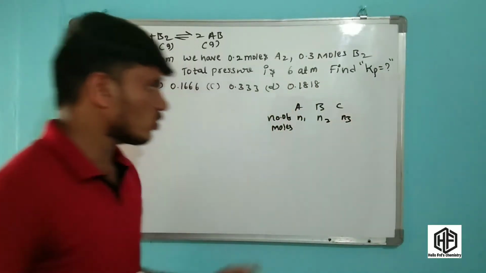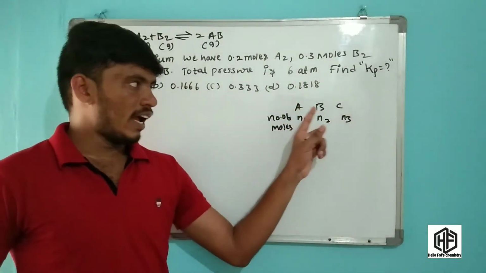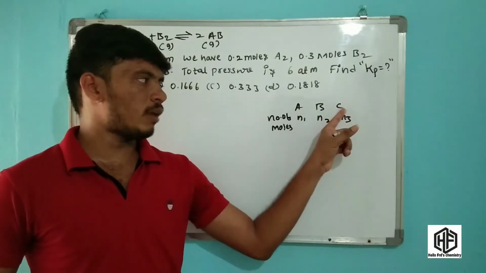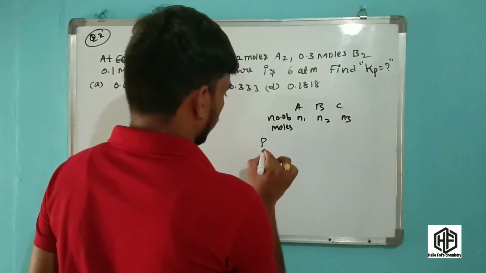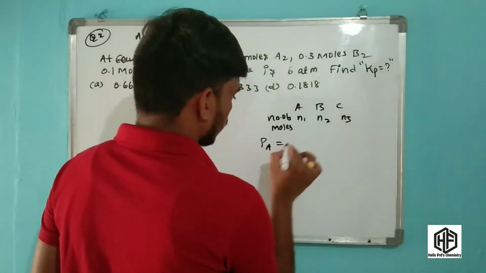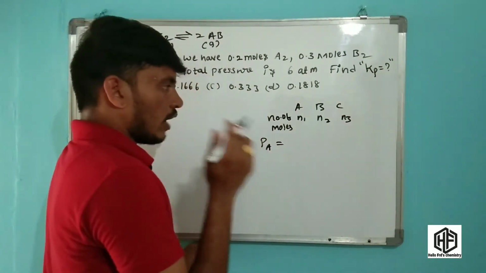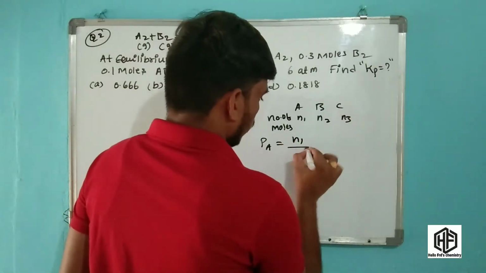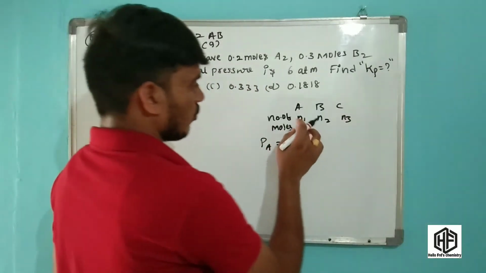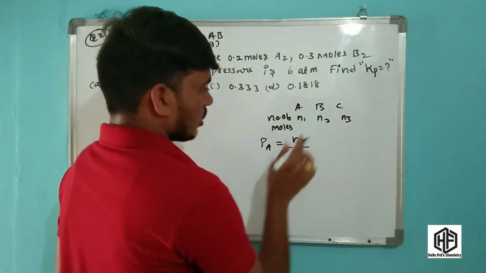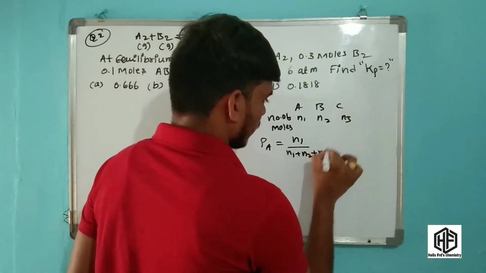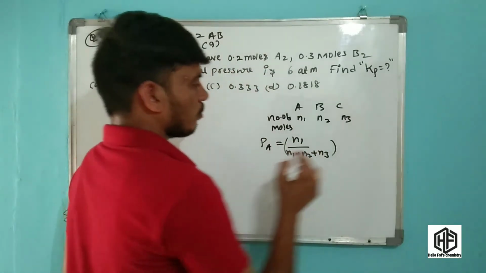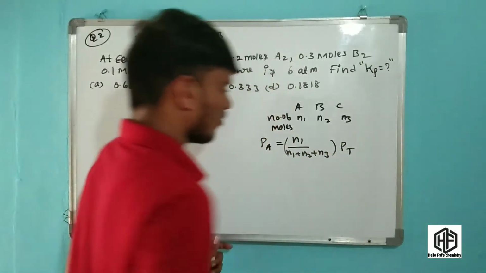Now we have to find the partial pressure of A, of B, and of C. The partial pressure of A is the number of moles N1 by the total number of moles, N1 plus N2 plus N3, into the total pressure PT of the reaction.